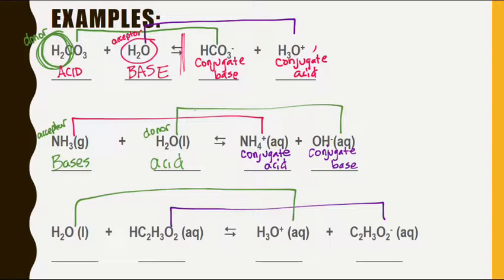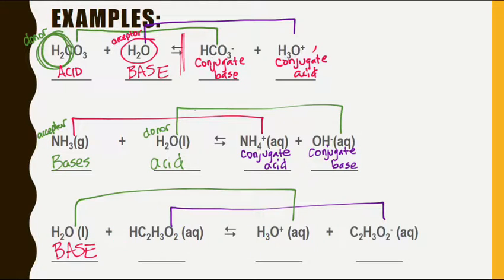So let's focus on this H2O and how it's becoming H3O. It's gaining an H. It's accepting an H. So this is going to be our base. C2H3O2 is becoming just C2H3O2. Even though it still has some H's there, it's this first H that was at the beginning that is now not there anymore.